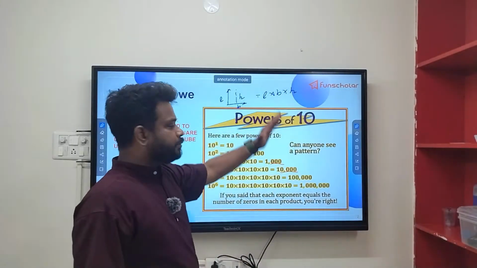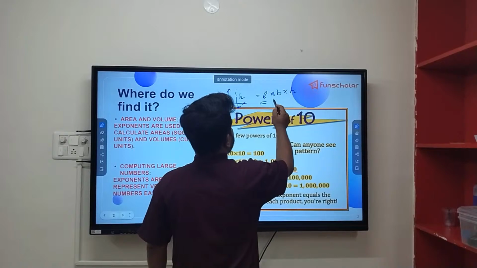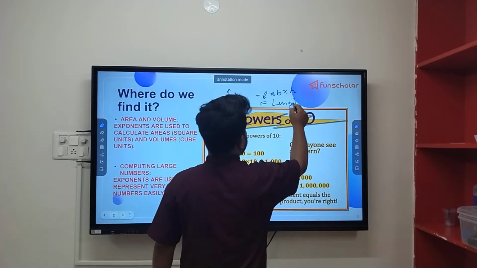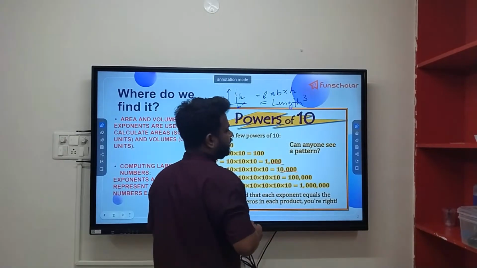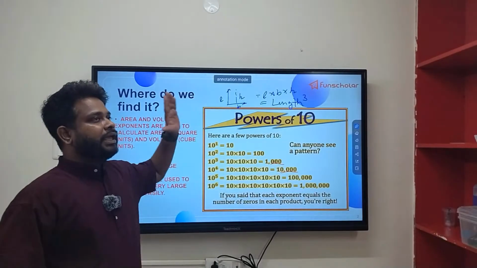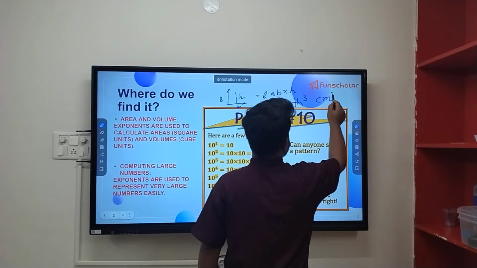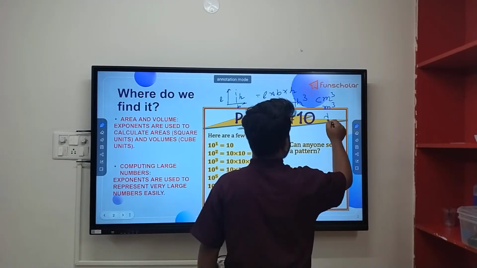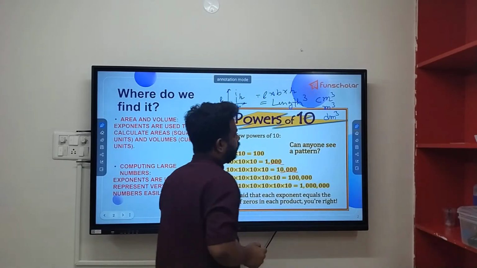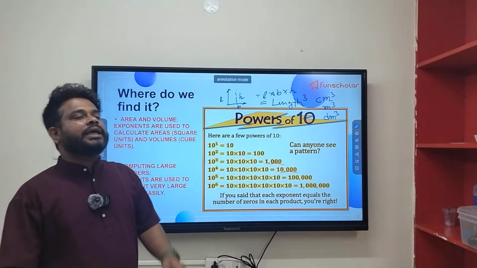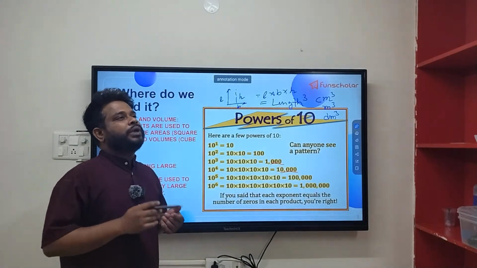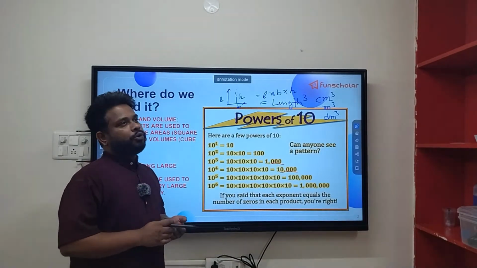So there are 3 types of length, so that's why it will be length cube. That's why the unit of volume usually becomes centimeter cube or meter cube or decimeter cube. So these are real life examples where we use exponents or power.